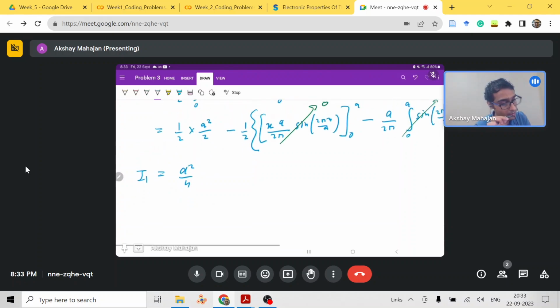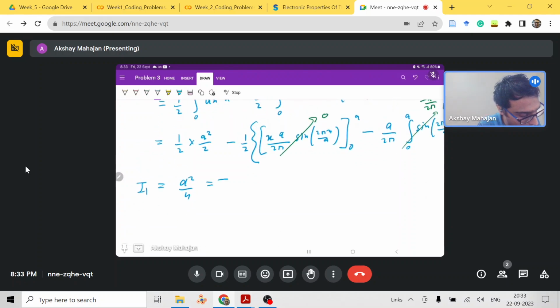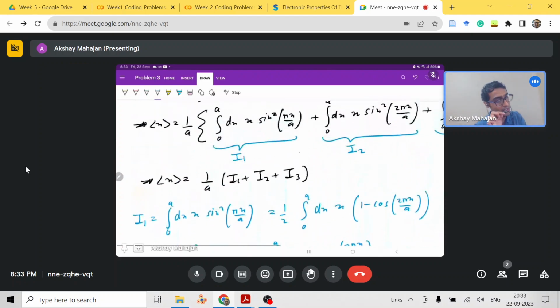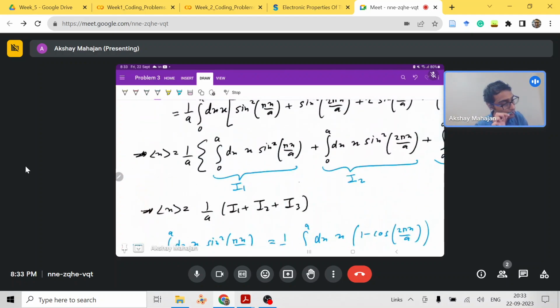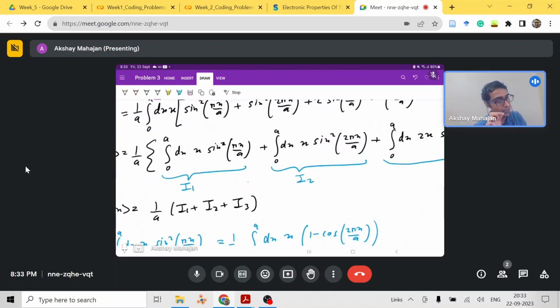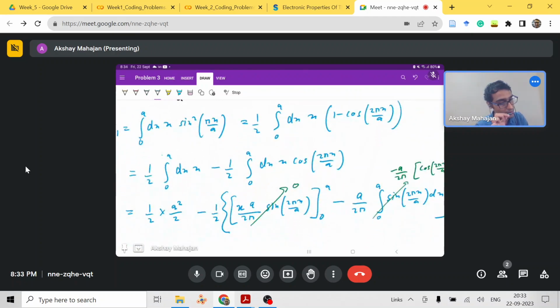And similarly you can check that this will be the same case for I2 as well. Only in I2 what we have is sine squared 2 pi x by a. So what we have to do is just put 2 in each of them. This dx will come out the same, and you can do the same integration.